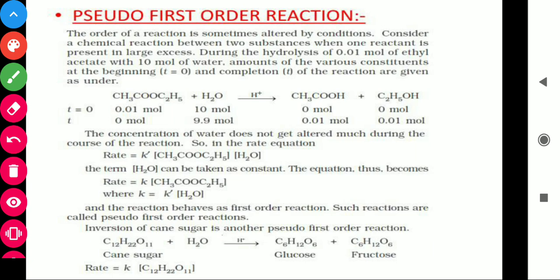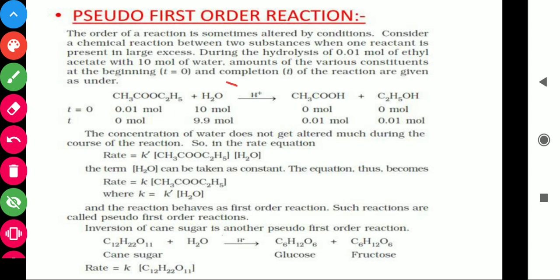The next topic is pseudo first order reaction. Pseudo means false. The reaction which is not exactly first order reaction, but because of the presence of one reactant in excess.